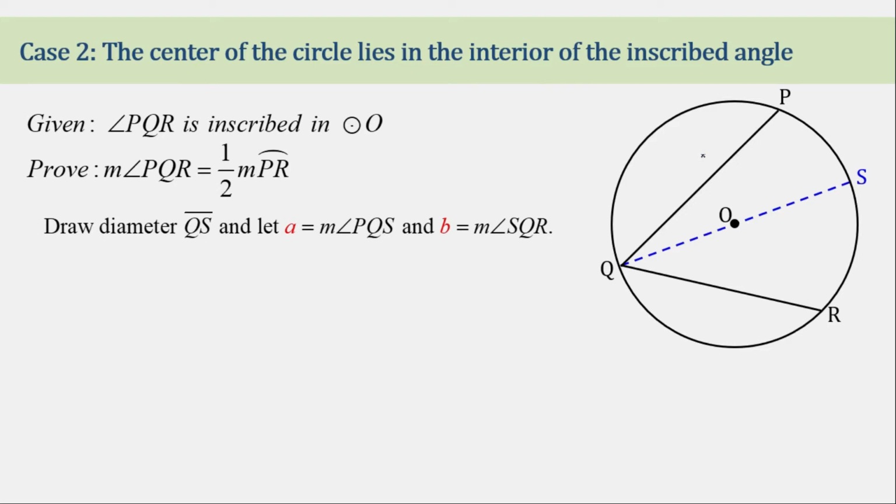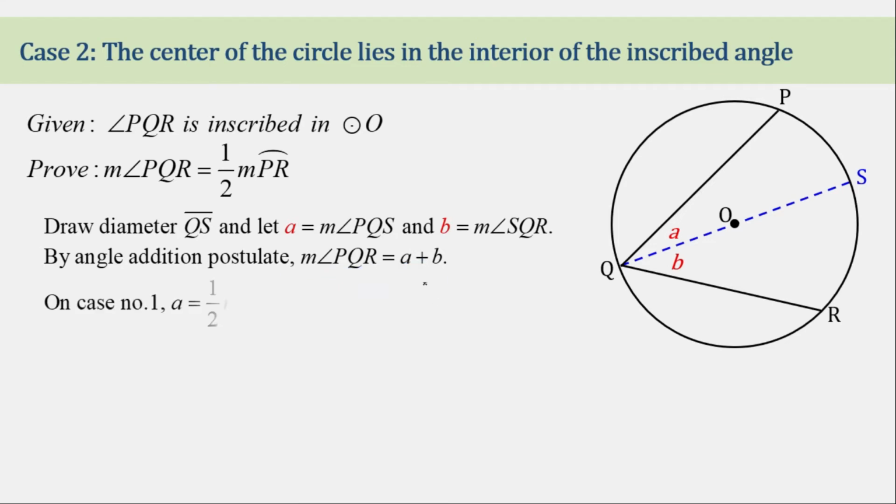Now let's name angle PQS as A and angle SQR as B. So we created two angles. By the arc addition postulate, the measurement of angle PQR is equivalent to the sum of the degrees of these two. So that's why we have this equation.